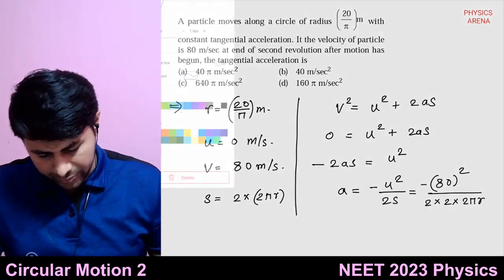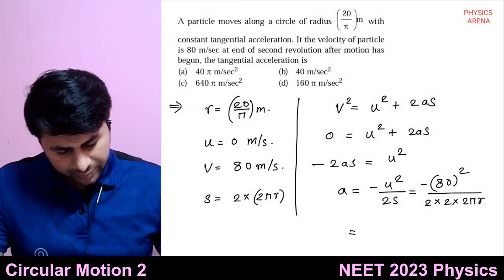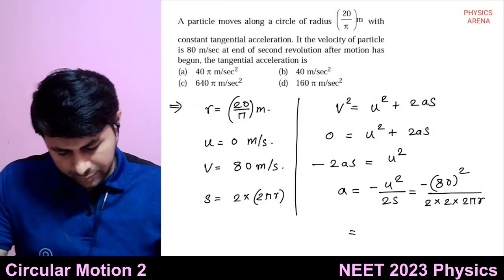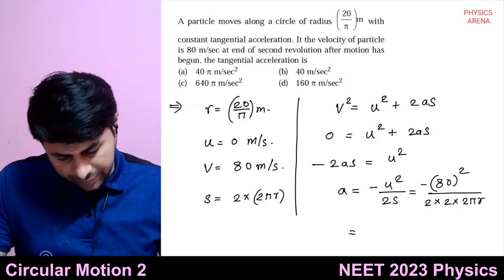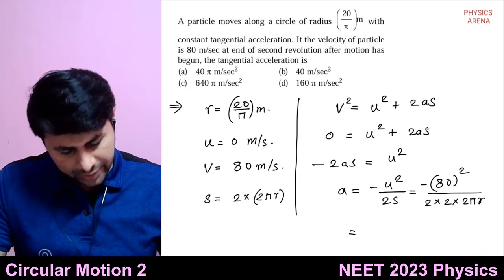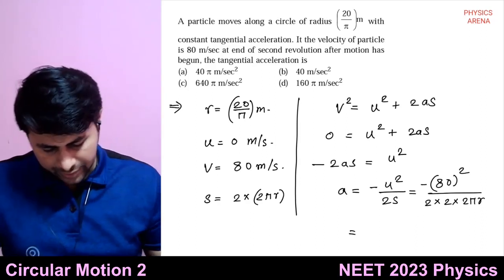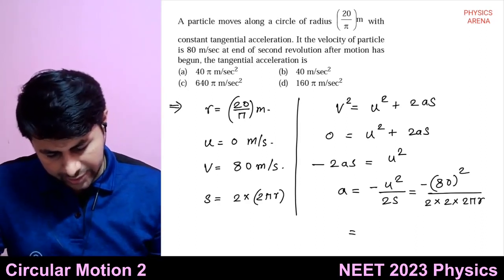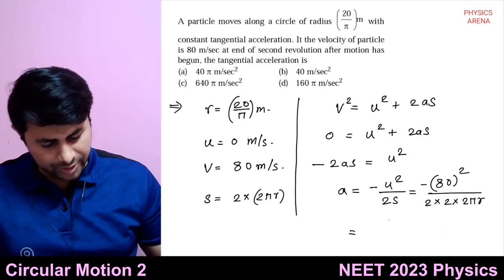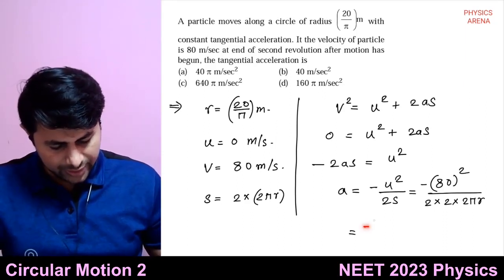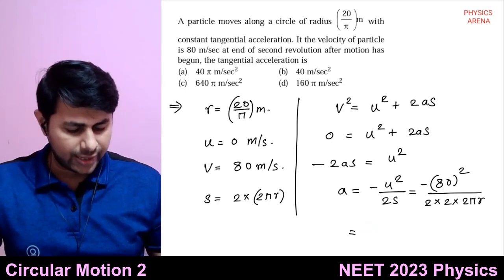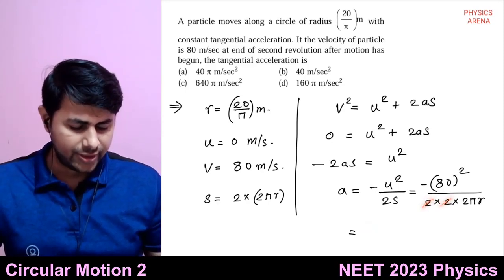So what would be the answer? You want tangential acceleration, right? And radius is given, it is 20 by pi. So let's substitute that. So it is minus 80 square divided by 4, and you can cancel that with this.